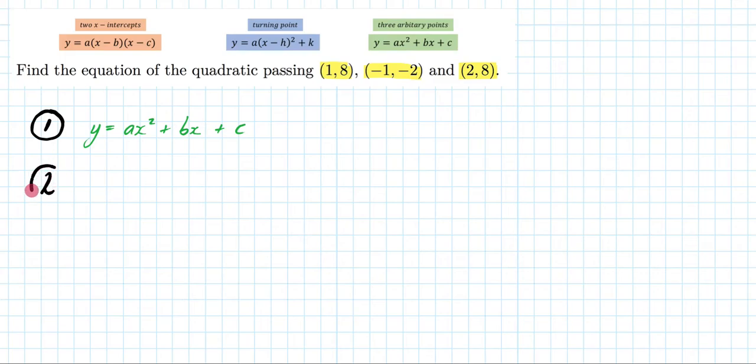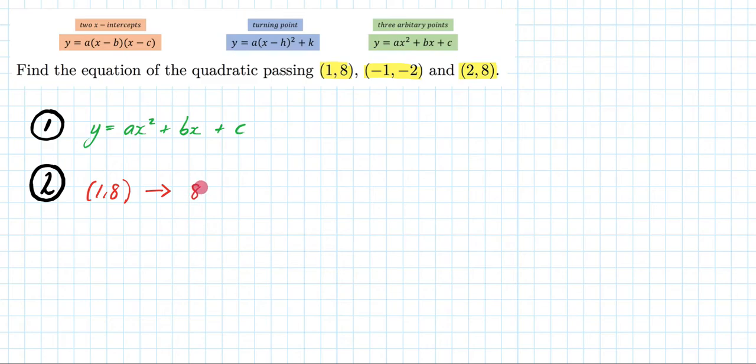Step number 2 is going to be subbing in each of these points into the equation in order to make a system of equations. So let me begin that. Let me grab a red and start with the point (1, 8). I'm going to sub that in.